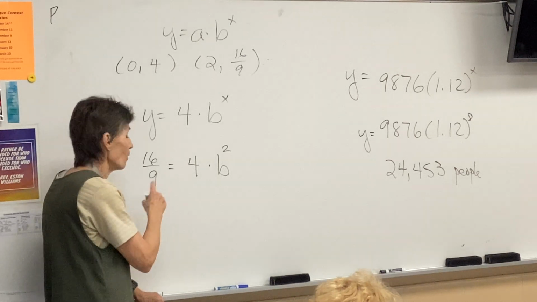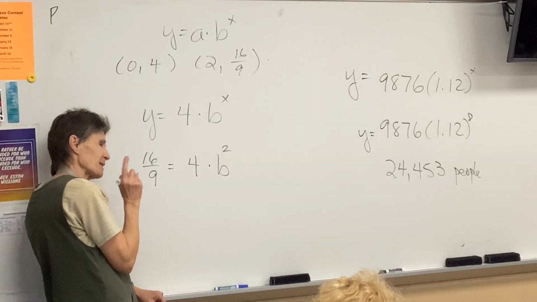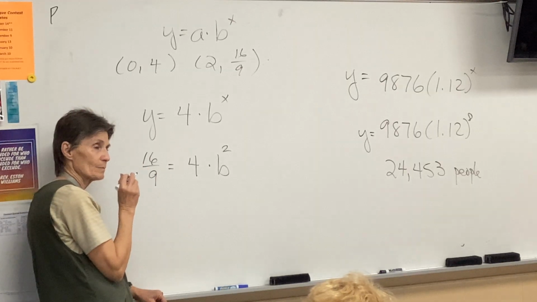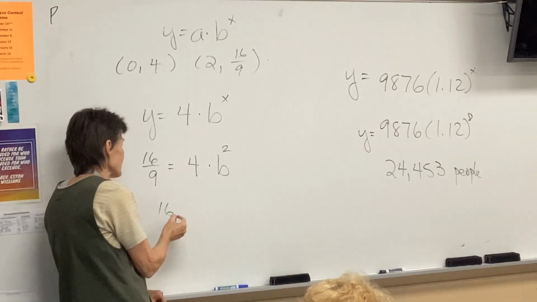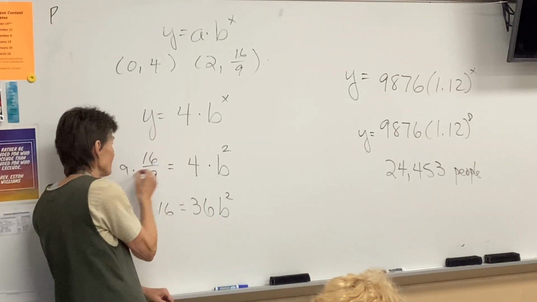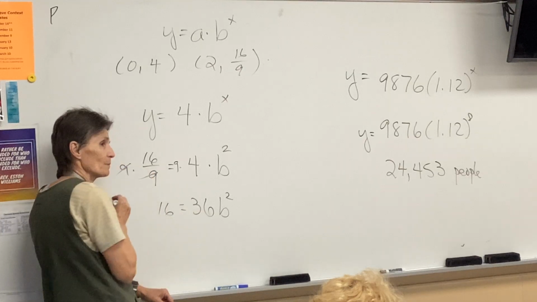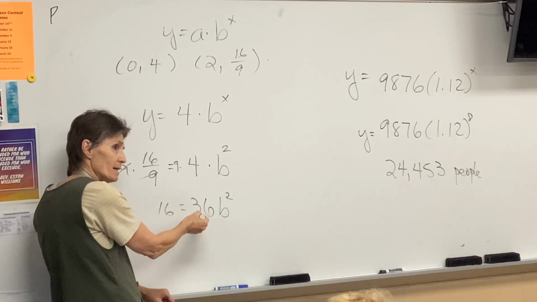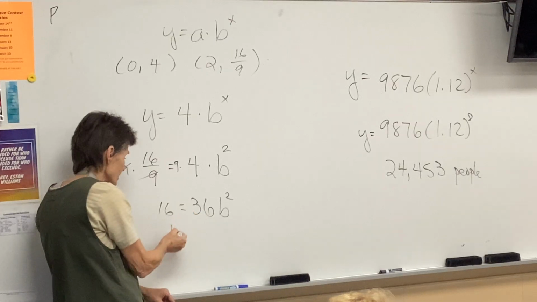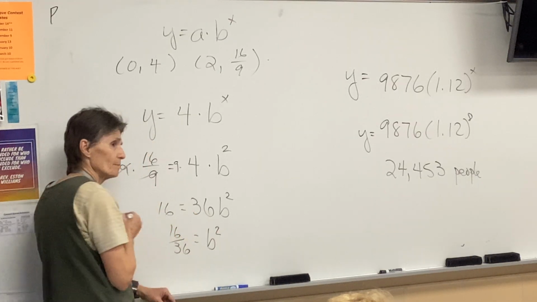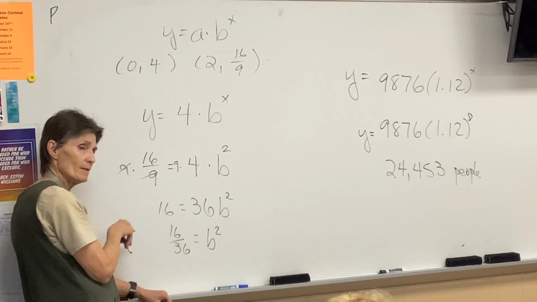Now we have to solve that. Yesterday, I think, we multiplied by 9. So we have 16 equals 36b squared. We just multiplied both sides by 9. Then we divided by 36. And then what? We don't need a calculator for this. You can do this.